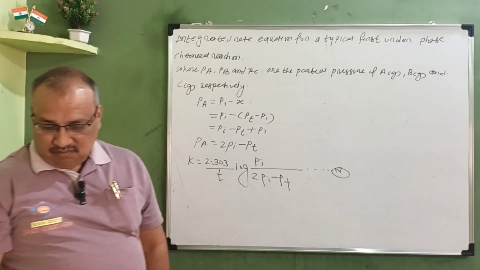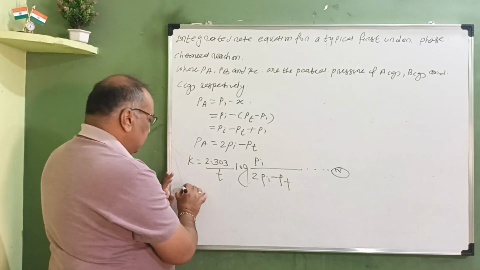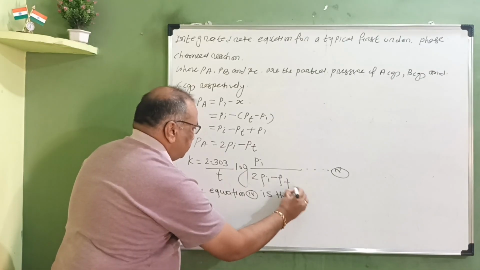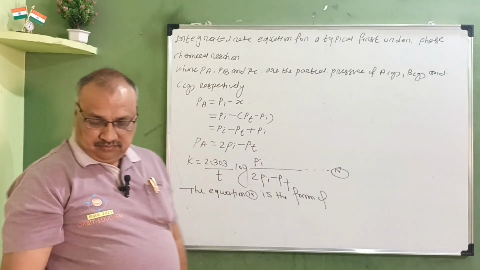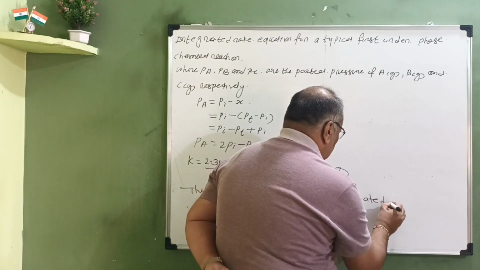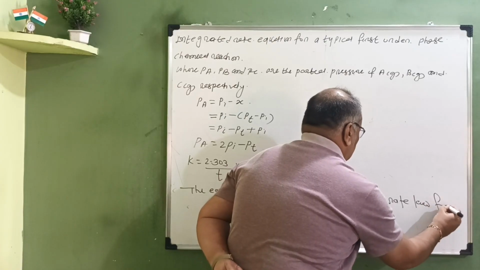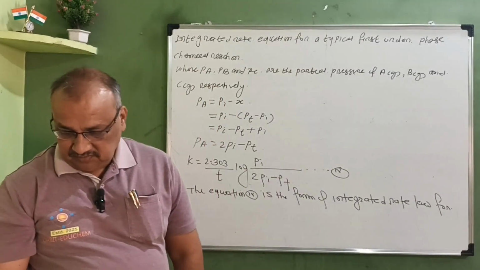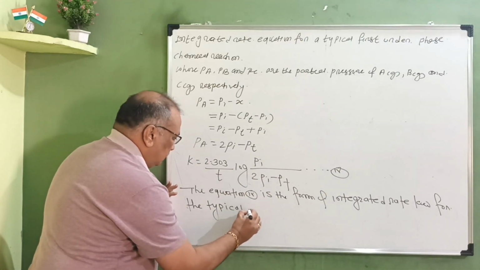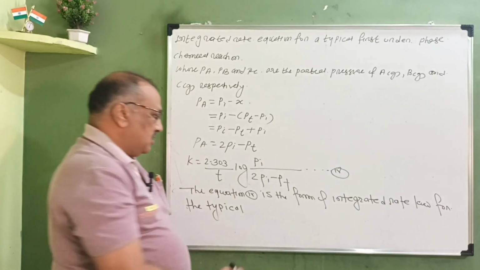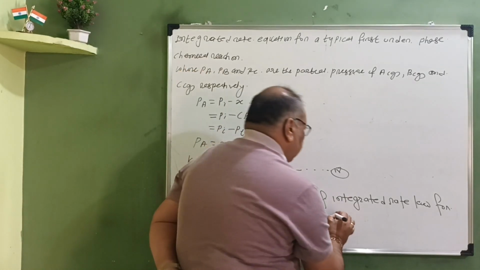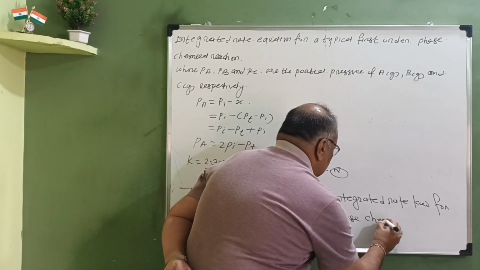Now this equation number 4 is the form of integrated rate law for the typical first order gas phase chemical reaction.